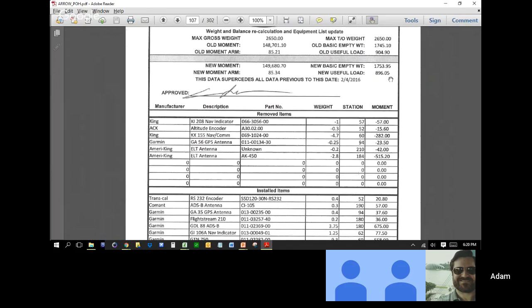So for this particular aircraft, it's about 896 pounds. So from a flight planning perspective, I know that with myself, any passengers, any bags, and fuel over and above the unusable fuel, I can load the aircraft up to 896 pounds.